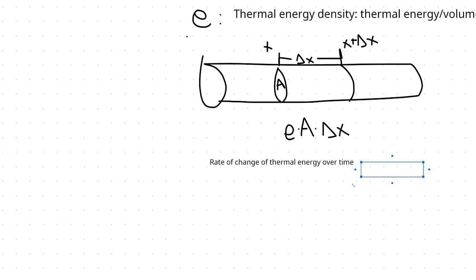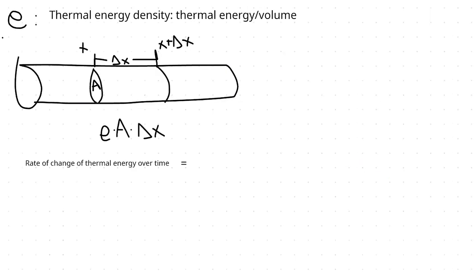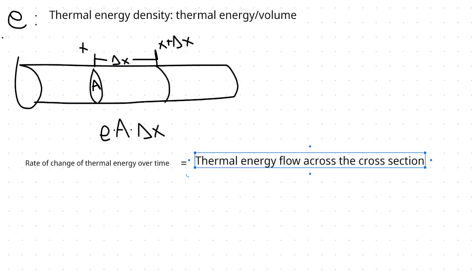One is the thermal energy flow across the cross section. So you'll see in the diagram there's two cross sections, and thermal energy could be flowing in and out through these two different cross sections within this volume that we're looking at. So that could be one cause for the change of thermal energy.